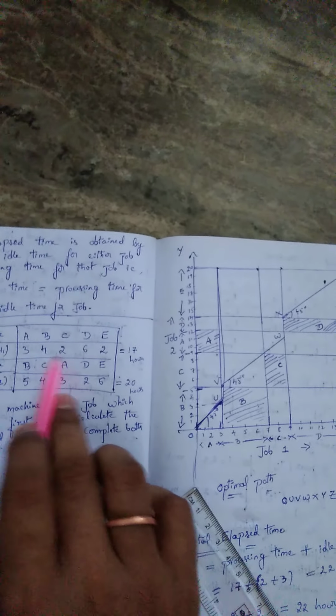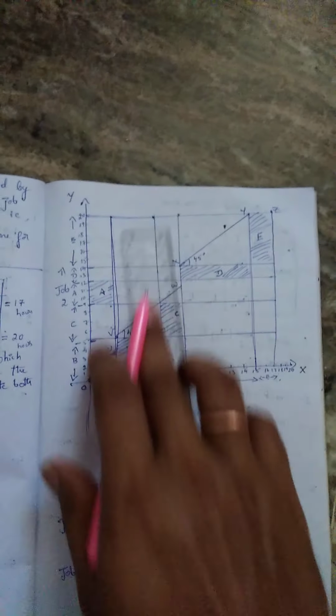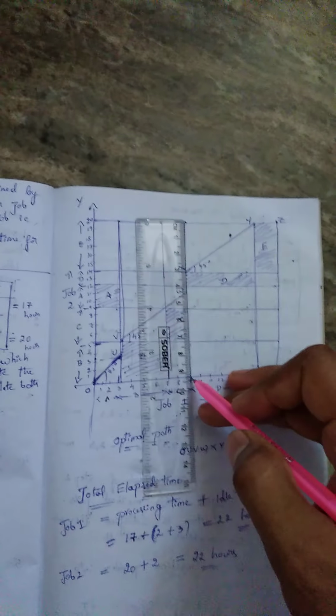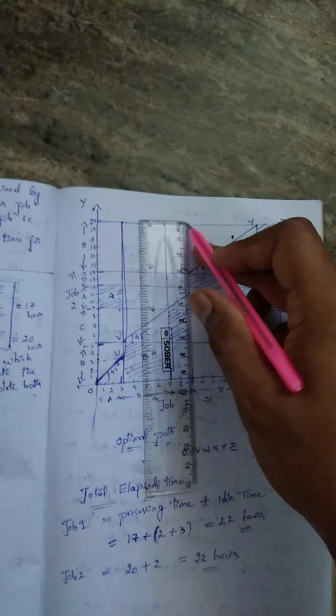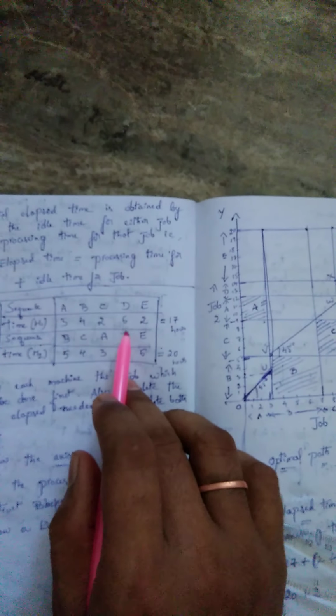Next 7 plus 2 is 9, 8, 9. Pointing here, again we draw the vertical line up to the 20th line. Next, how much? 9 plus 6 is 15, that means 10, 11, 12, 13, 14, 15.